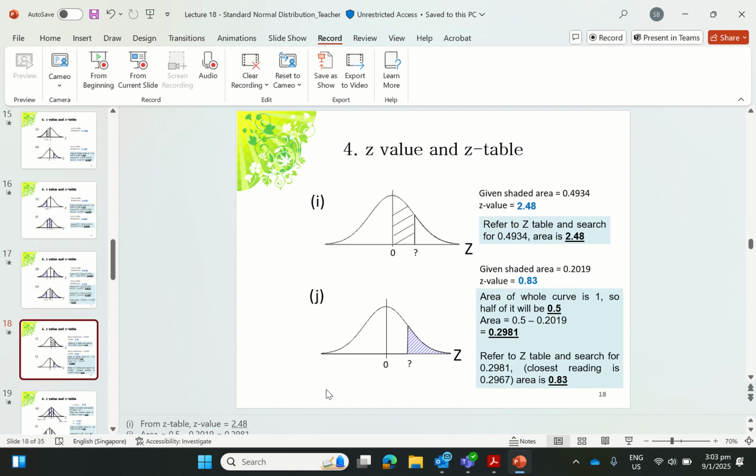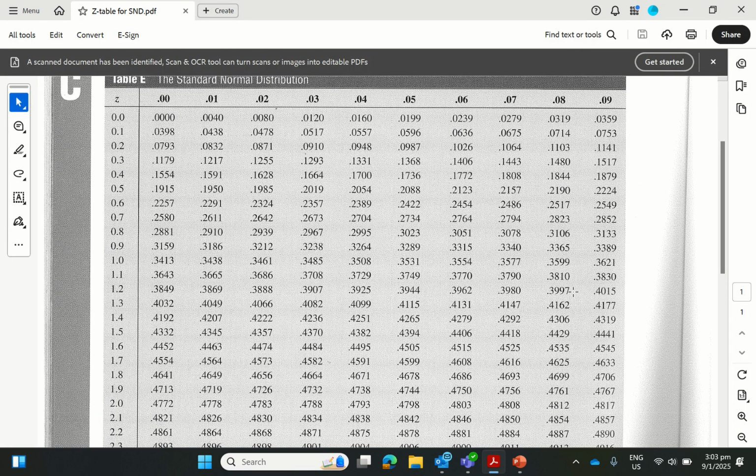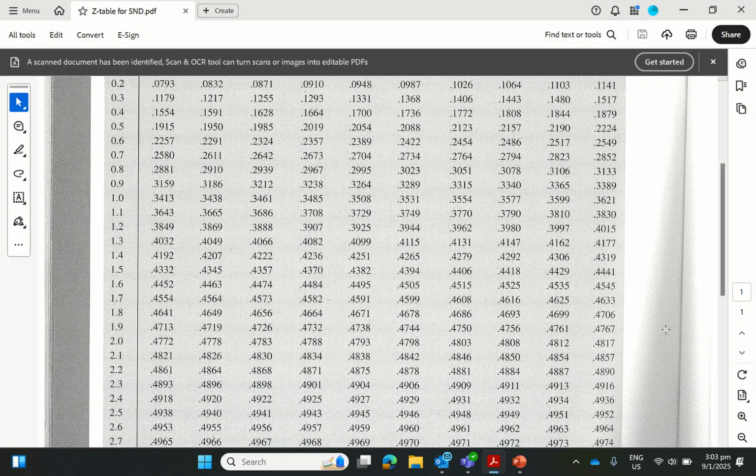Okay, this one is the opposite. This is similar to your confidence interval lecture, whereby you are given 0.475 and find the Z value. In this case, you have to find 0.4934 inside the table. So you look for 0.4934, somewhere below. It's here. Then you read off the value.